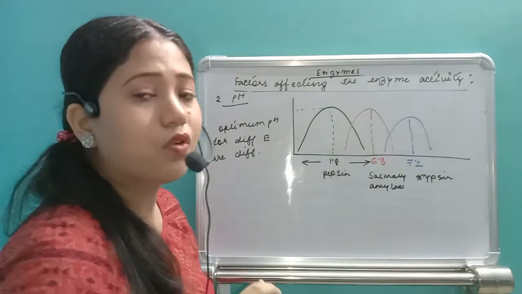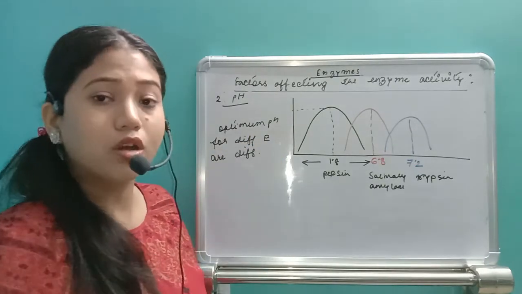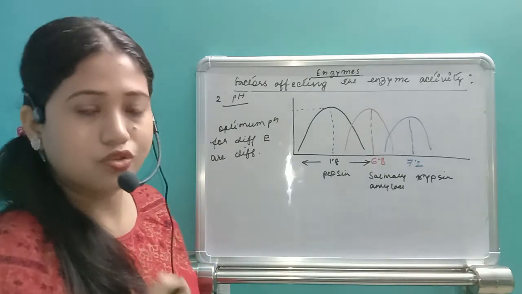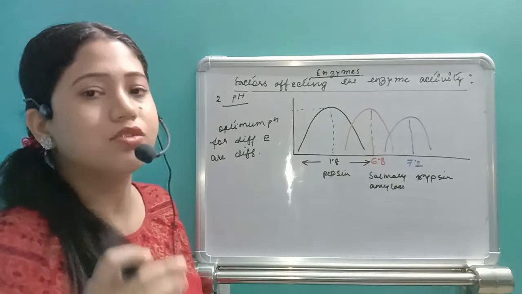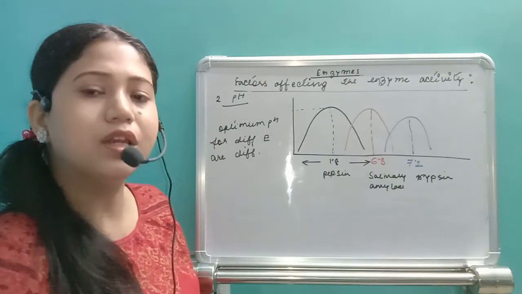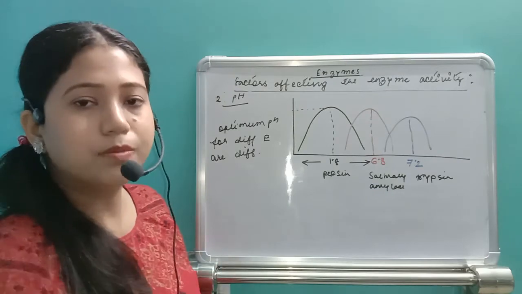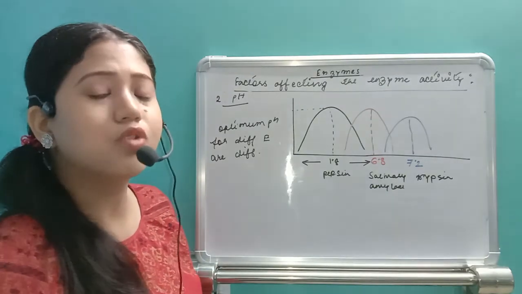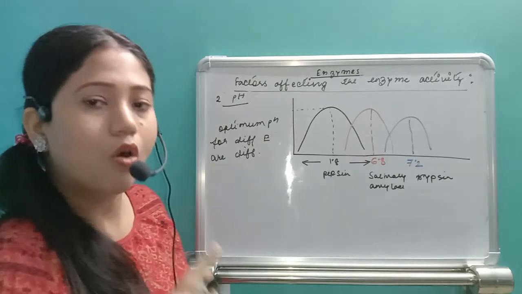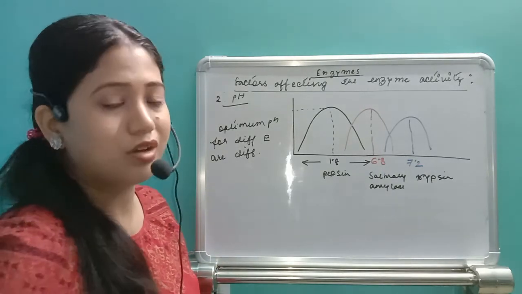But for temperature, almost all kinds of enzymes work at a specific temperature. In the human body, the optimum temperature for almost all enzymes is the same, but within the human body, enzymes work at different pH.